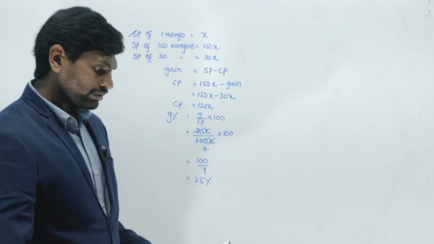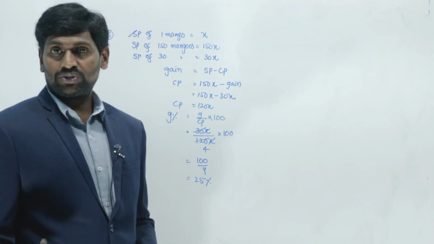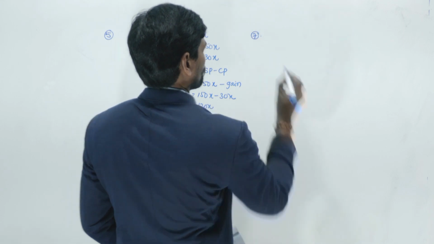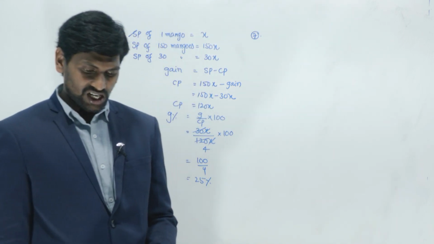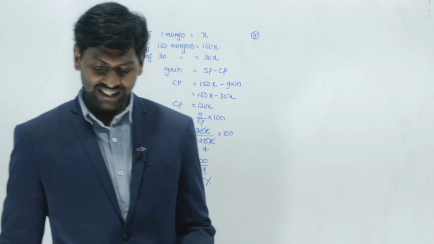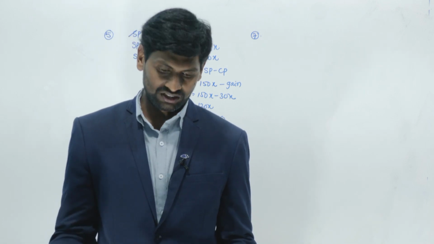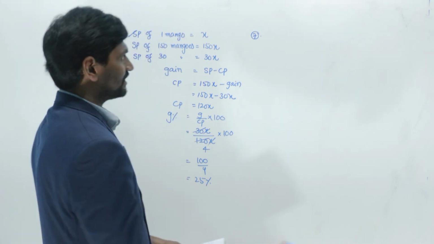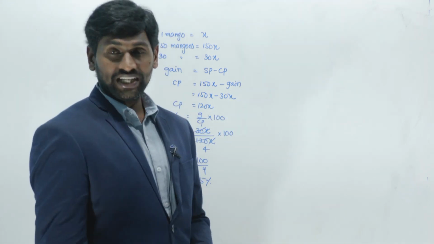So let us go to problem number 6. Problem number 6 is also the same model, so you just try based on this. Problem number 7. The cost price of an article is 500, selling price 600, profit or loss? 500, 600, profit only 100 rupees. So you can do it directly, a very easy problem. Now let us go to the 8th problem.